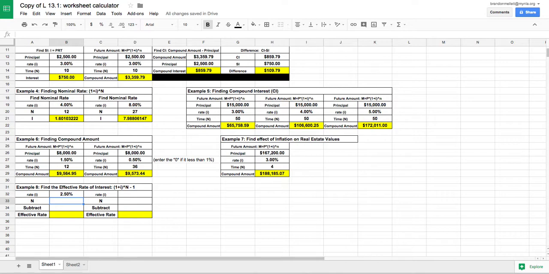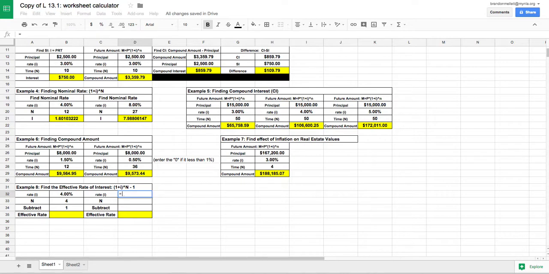So we take that 10% divided by 4. That's how we get the 2.5. And then we have our rates. It's going to be 4 because quarterly throughout 1 year. And we're going to subtract 1, and I'll explain what that is in a minute here. The second example, we are doing 9%, and this one's compounded monthly.